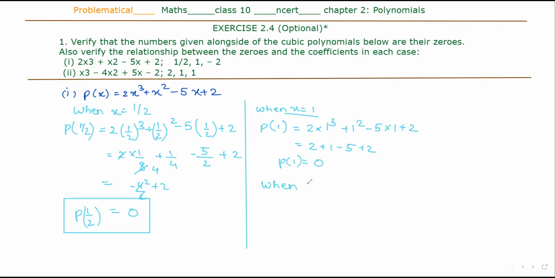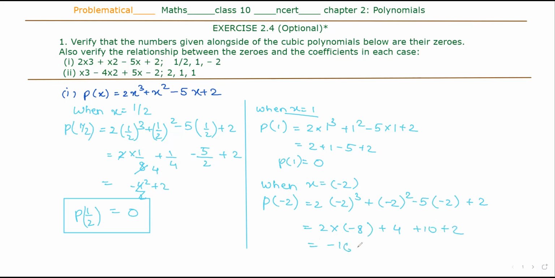When x is equal to minus 2. P of minus 2 is equal to 2 into minus 2 to the power 3 plus minus 2 squared minus 5 into minus 2 plus 2. This is 2 into minus 8 plus 4 plus 10 plus 2.